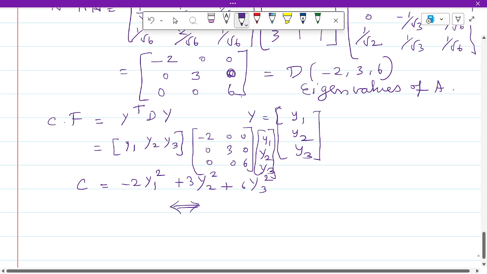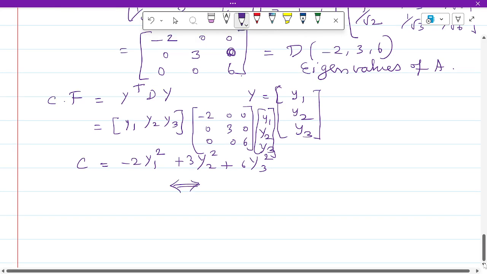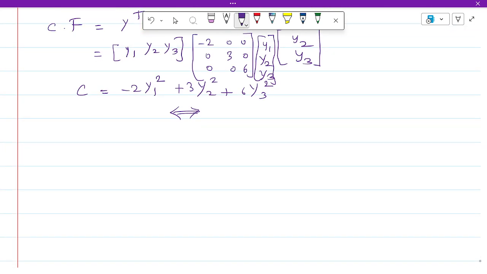So from the quadratic form to canonical form, what is the procedure? From the quadratic form Q, you find the matrix A. From the matrix A, you find the characteristic equation. From it, the eigenvalues. From the eigenvalues, the eigenvectors.